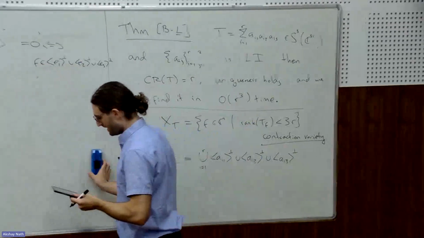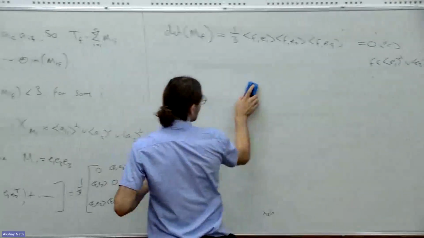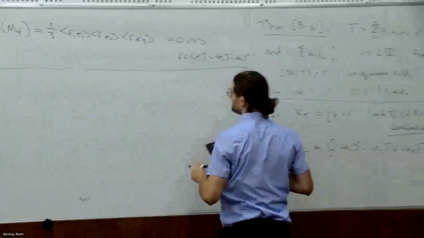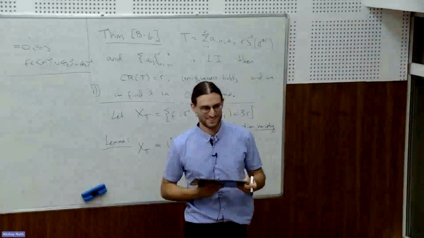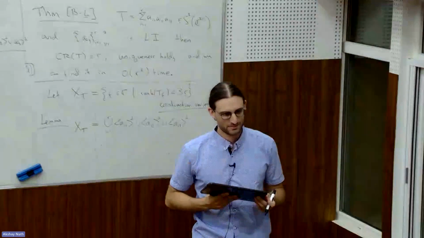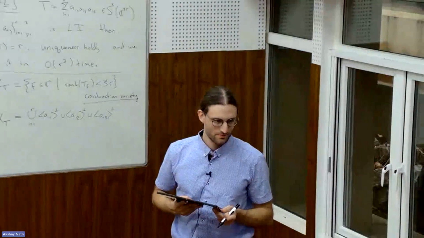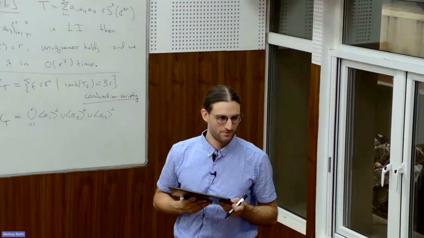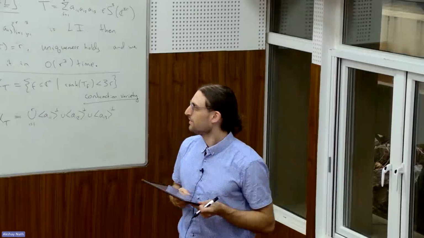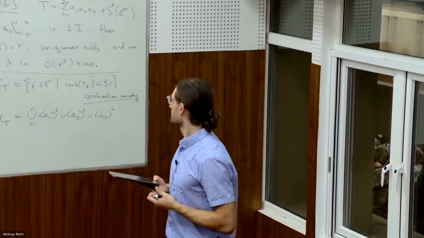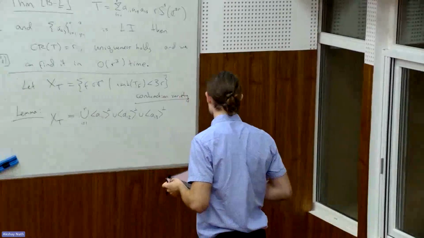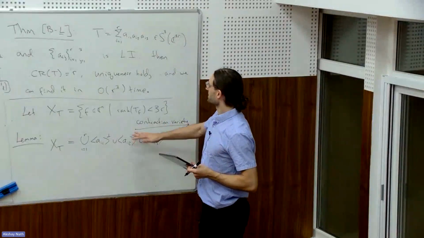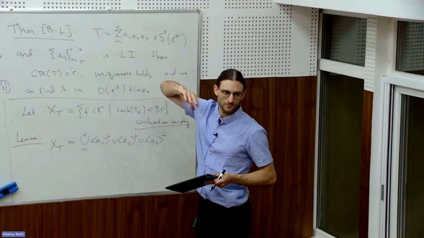This proves the lemma, and now I can tell you the algorithm. Basically, the lemma applies to I1, I2, I3, and I1, I2, I3, I4. You just have to be careful about how big of a rank you're taking.